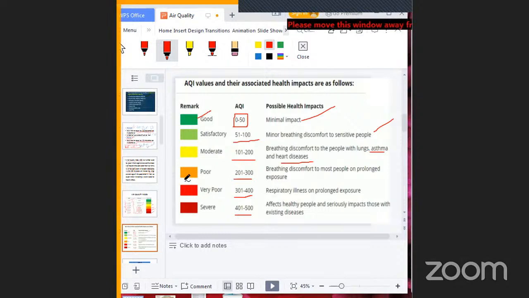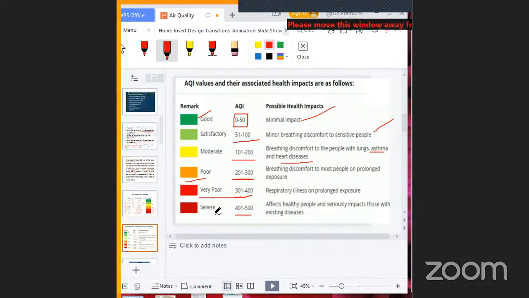Poor, that is 201 to 300, may cause breathing discomfort to people on prolonged exposure, and discomfort to people with heart disease. Very poor, that is 301 to 400, may cause respiratory illness to people on prolonged exposure, and the effect may be more pronounced in people with lung and heart diseases.